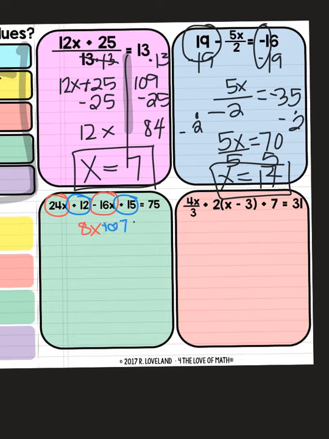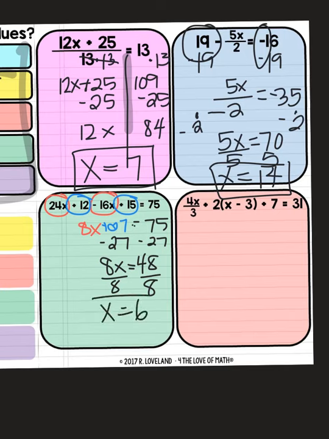That still equals 75. Now I solve like we were doing yesterday. So I'm going to subtract the 27, subtract the 27. I get 8x equals 75 minus 27, which is 48. Divide by 8. X equals 6.